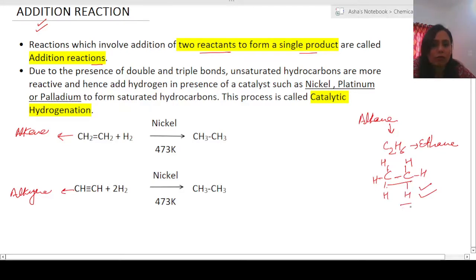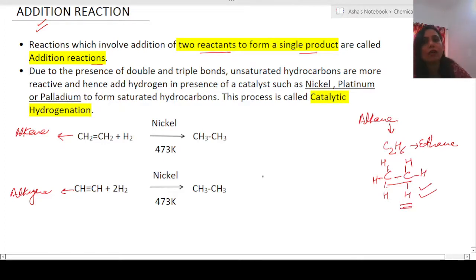This kind of hydrocarbon, that is alkane, is saturated, that is, they are happy because around every carbon there is a single bond. So it is completely saturated, it is happy.